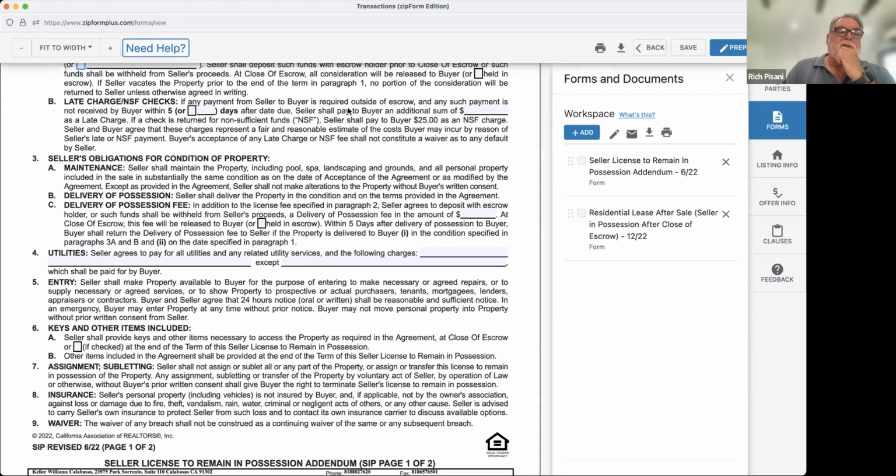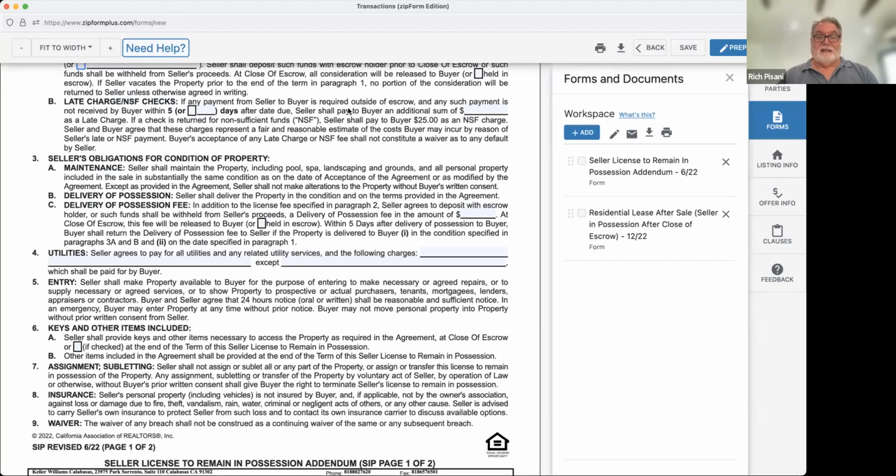So entry. Seller shall make property available to the buyer for the purpose of entering to make necessary or agreed upon repairs or supply necessary or agreed upon services, or to show the property to prospective or actual purchasers. Hey, he may want to sell it after he bought it.